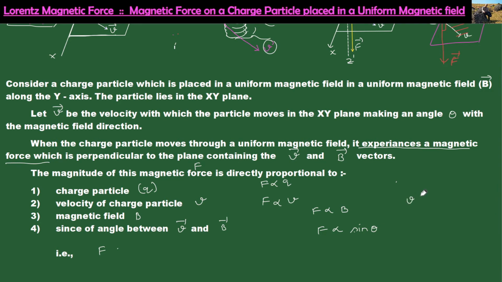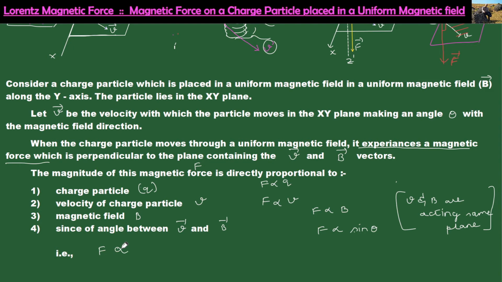Since v and B are acting on the same plane, you should always remember that v and B act on the same plane, such that the force will act in the perpendicular direction.